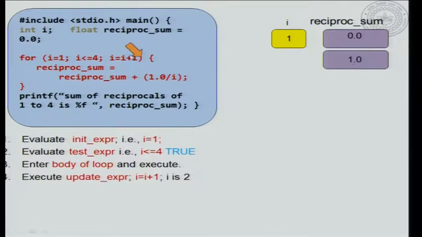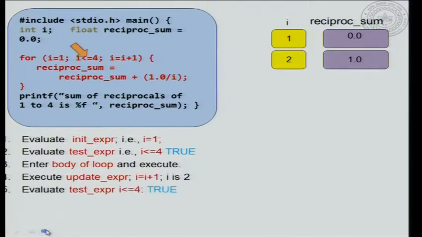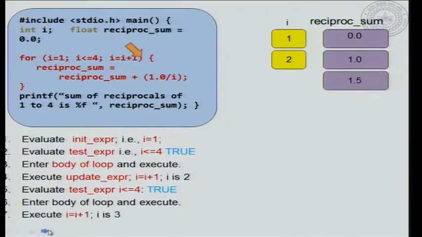Then you go to the update expression. At this point, you have I equal to I plus 1, so I becomes 2. Okay. Now test whether I is less than or equal to 4. Yes, it is. And enter the loop. So 1 plus 0.5. Then go back to the update expression.